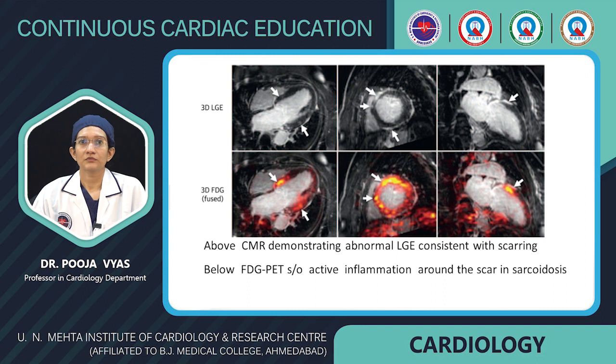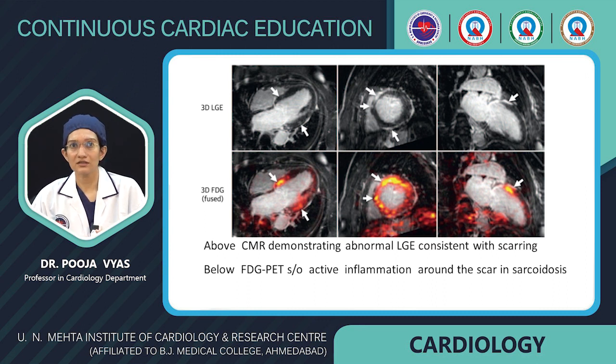The cardiac MRI findings demonstrate abnormal late gadolinium enhancement consistent with scarring, and the image below shows a fused FDG PET which is suggestive of inflammation around the scar areas in sarcoidosis.